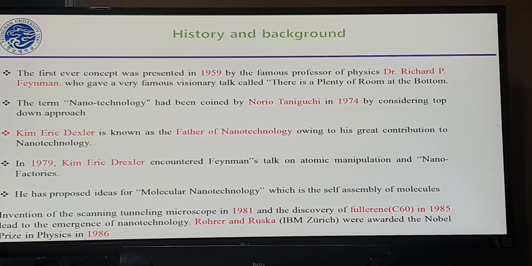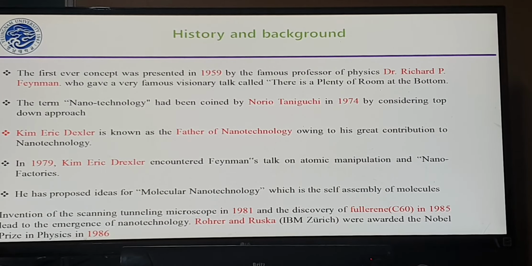Actually, there are two methods in nanotechnology based on preparation: top-down and bottom-up. We will discuss these topics in our next class. In 1979, Drexler encountered Feynman's talk on atomic manipulation and nano factories. He proposed ideas for molecular nanotechnology, which is the self-assembly of molecules.